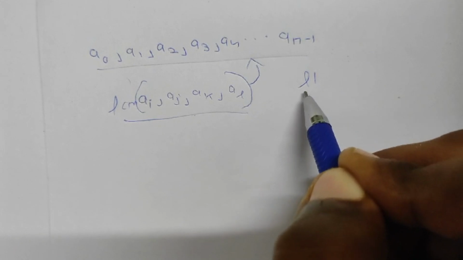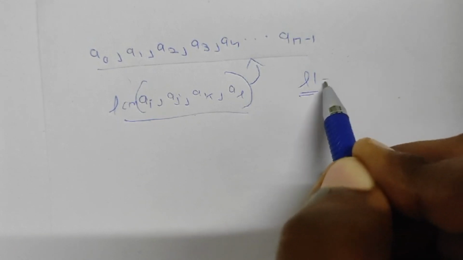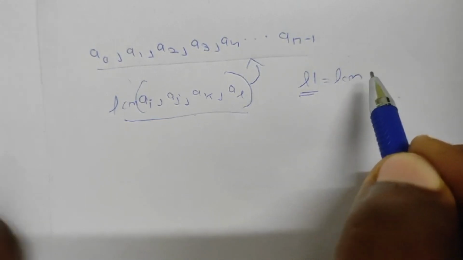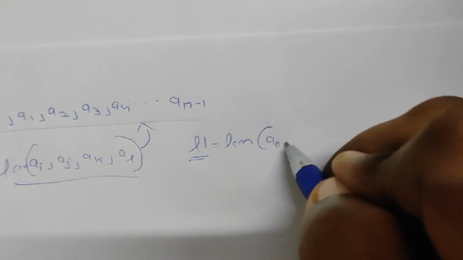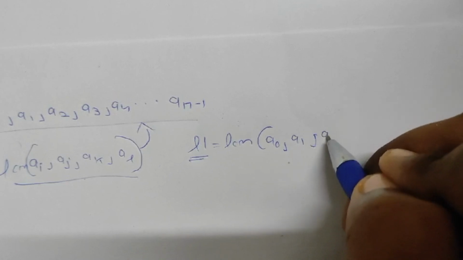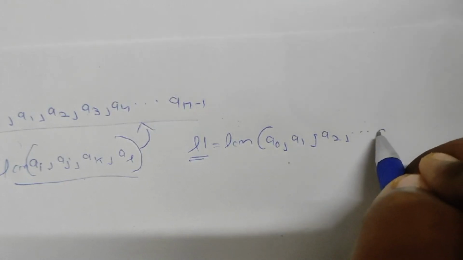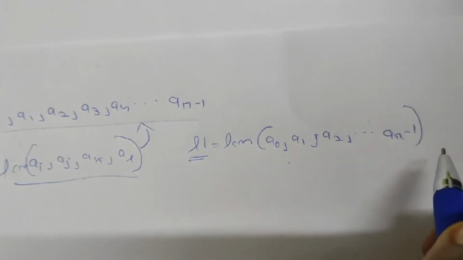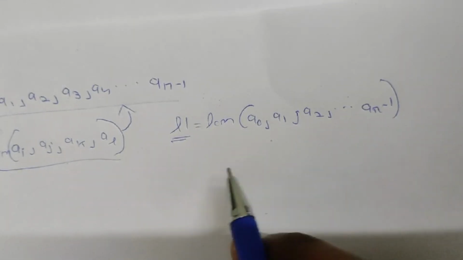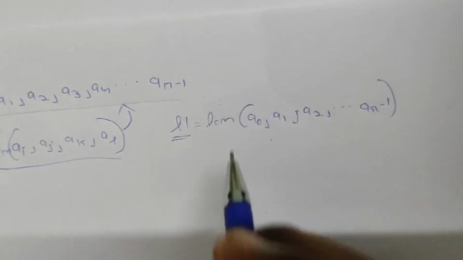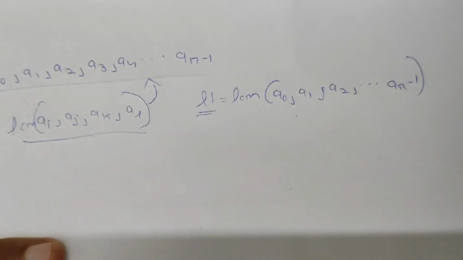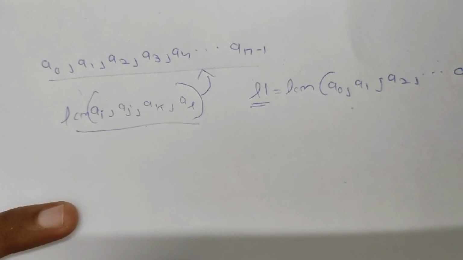We check whether L1, the LCM of a0, a1, a2, till an minus 1, is present in the original array. If it's not present in the original array, we can take the entire array as an answer, because this satisfies our condition.